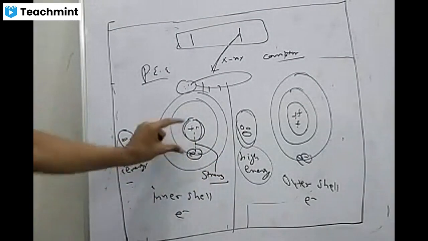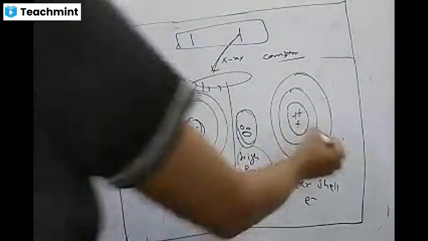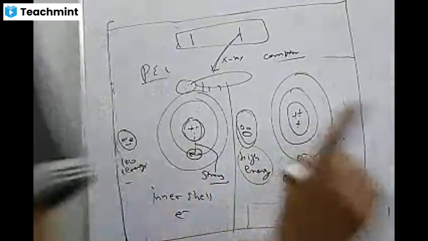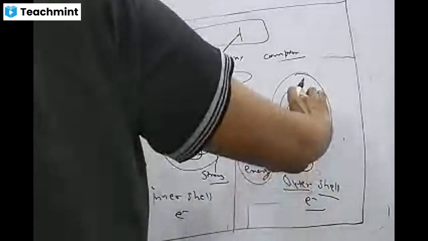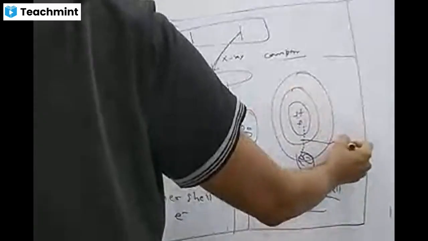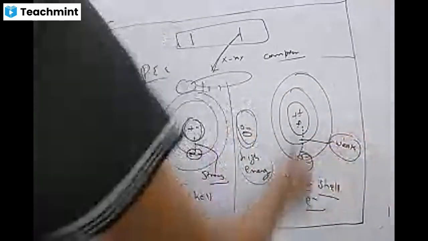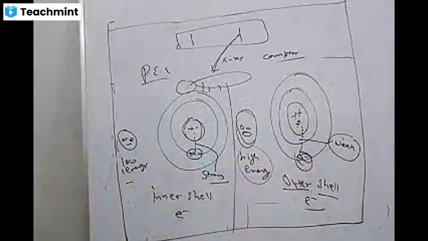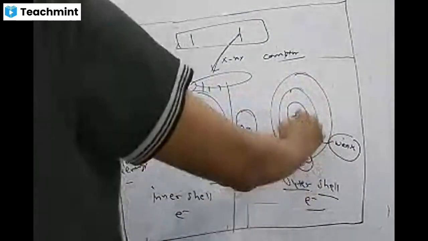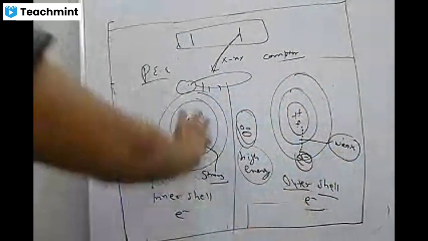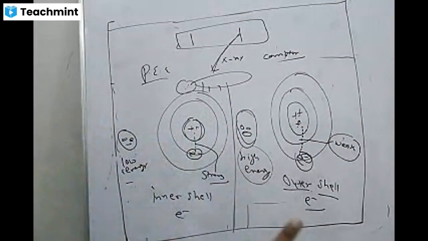So this bond is strong. But the outer shell electrons are attracted to the nucleus, but that attraction is weak, because there is a large distance between the nucleus and the outer shell. So this is weak interaction and this is strong interaction.